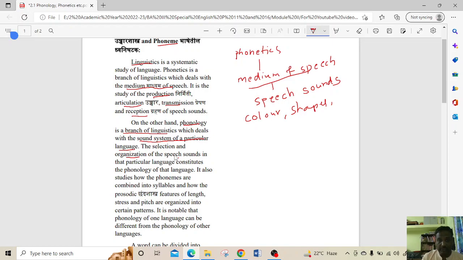So phonology also studies how in that particular language one or more speech sounds come together and form syllables. Now syllable is a concept in phonology.